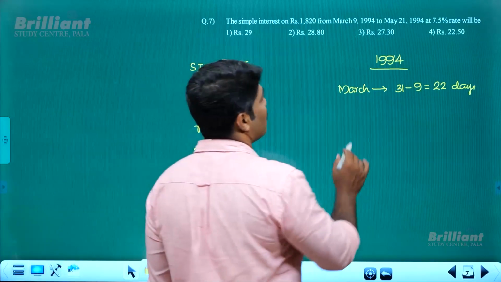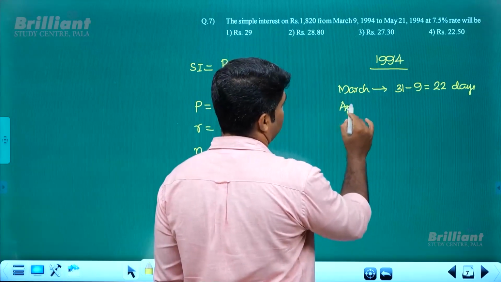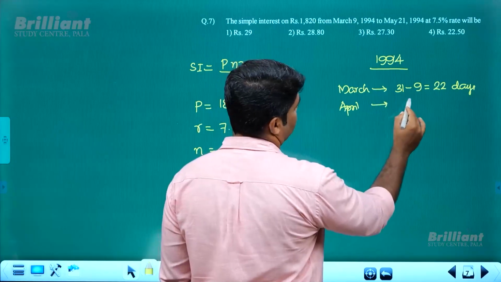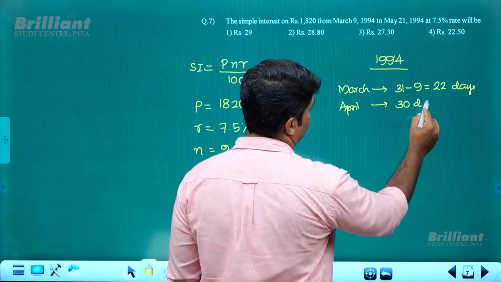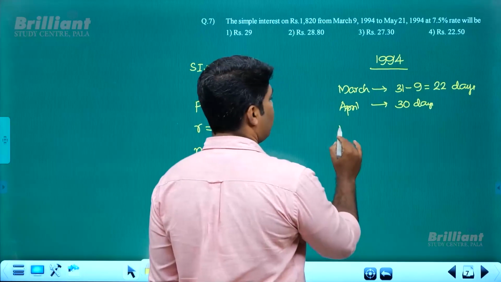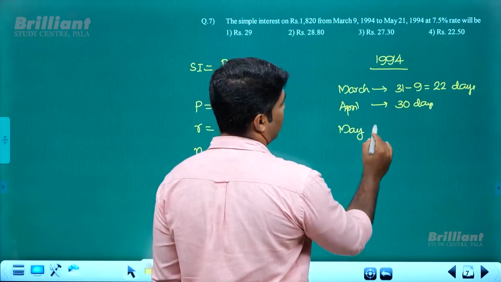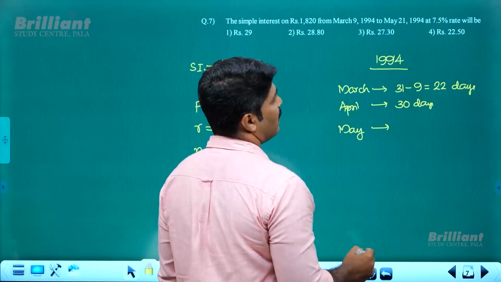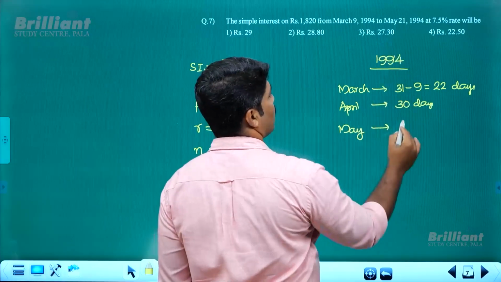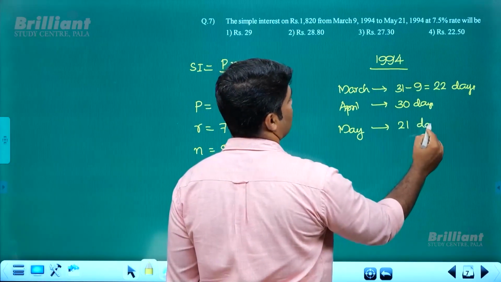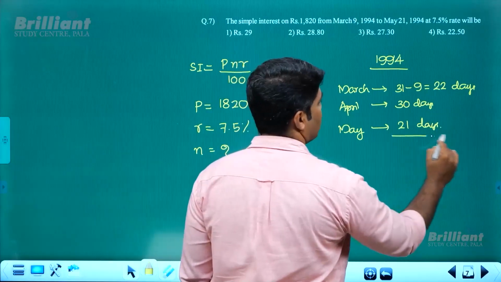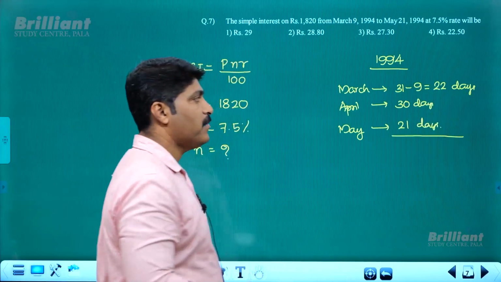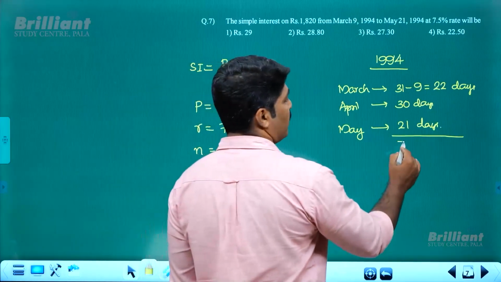And in the month of April, how many days are there? There are 30 days. Correct? And May, how many days are there? There are 31 days in total, but we have to close it at 21 days. So the sum of these values is equal to 73 days.